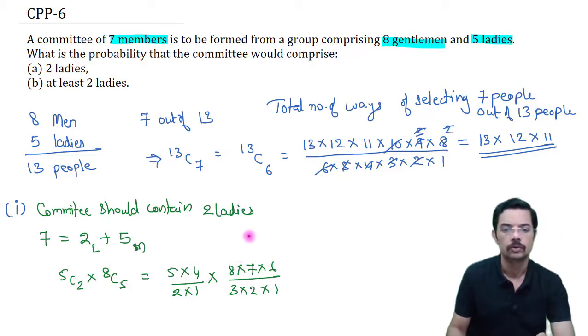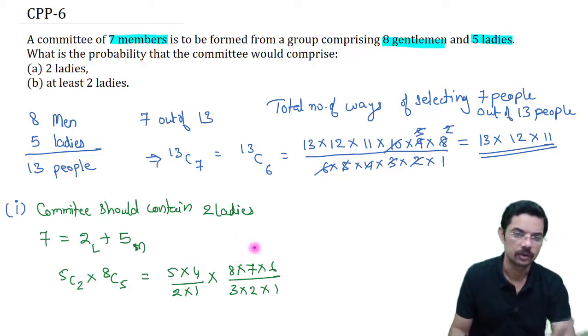Simplifying, 2 into 2 is 4, 3 into 2 is 6. So when you multiply, 5 2s are 10 and 7 8s are 56. So it is equal to 10 into 56 ways.